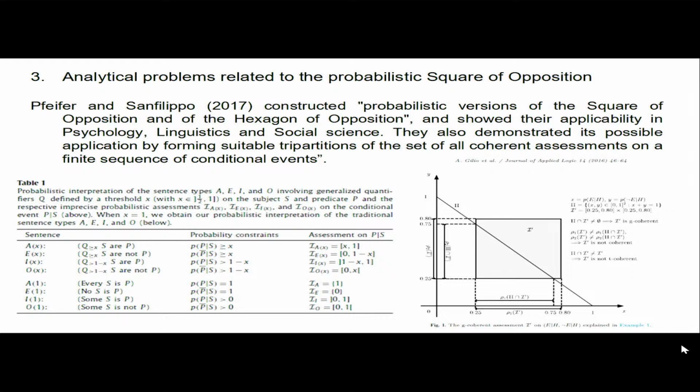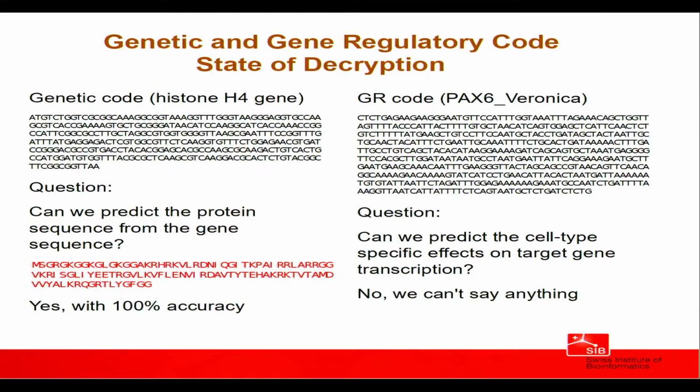On the left side we have the genetic code, the nucleotide sequence of the histone H4 protein sequence. If you want to assess the status of the code, I would ask the question: can we predict the protein sequence from the gene sequence? And the answer is a clear yes, and we can do it with 100% accuracy and certainty.